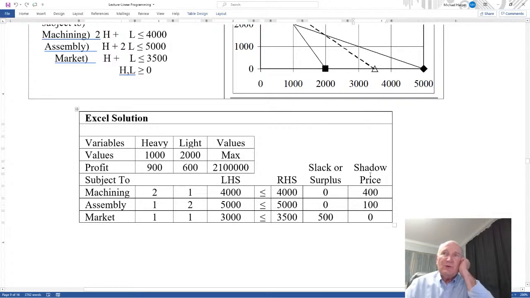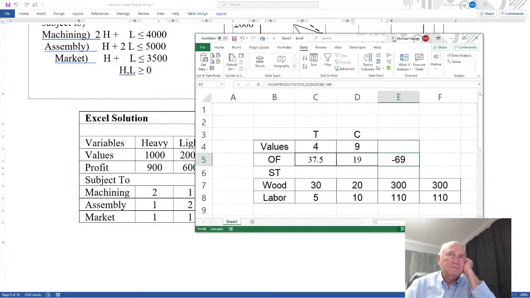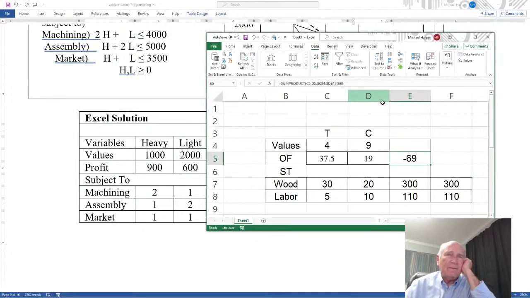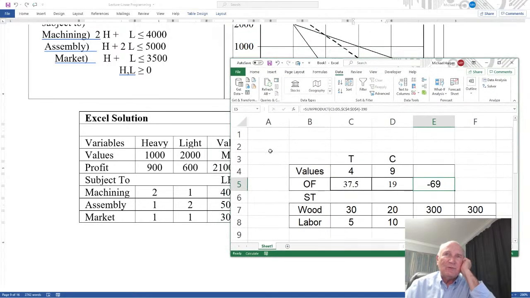Okay, so where do these shadow prices come from? They come from Excel. Okay, I'll bring Excel back up here real quick. Okay, we've lost time, so I don't want to take too much time with this.